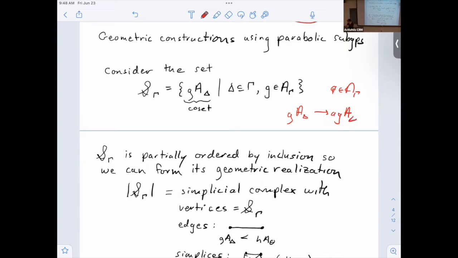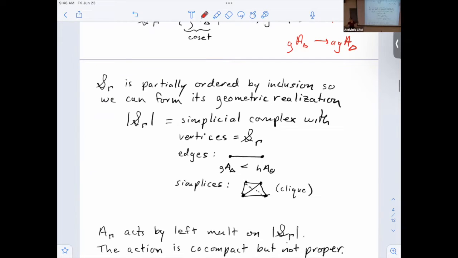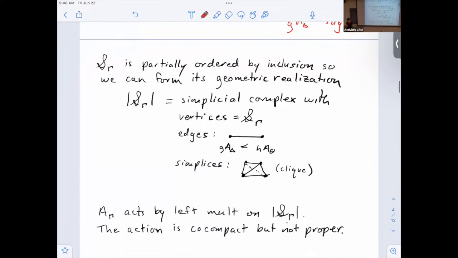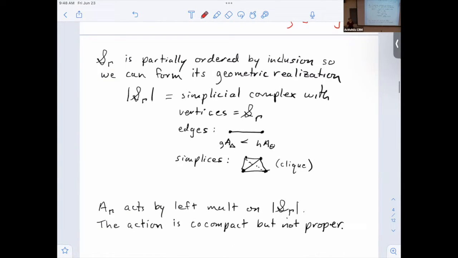It's just left multiplication. That clearly preserves inclusions, and so it induces an action on this simplicial complex. Okay, so that's great. So now I have a nice simplicial complex, and I have an action. So let's look at how well behaved this action is.